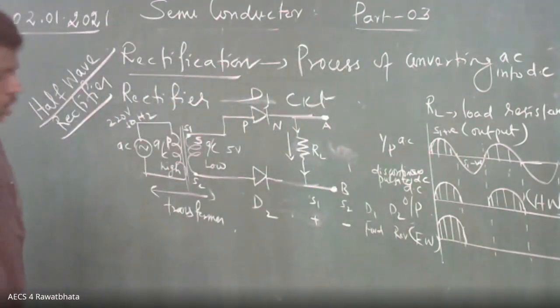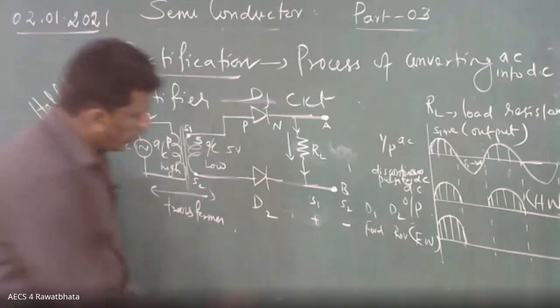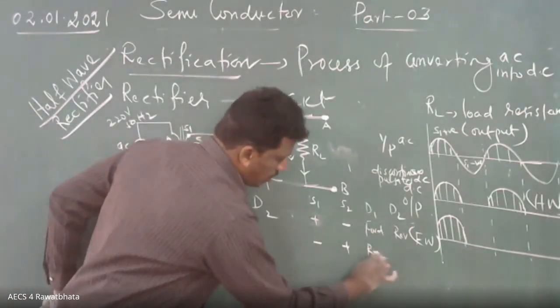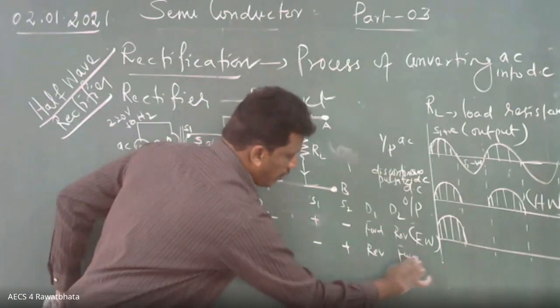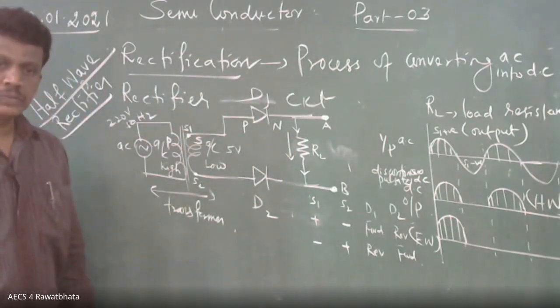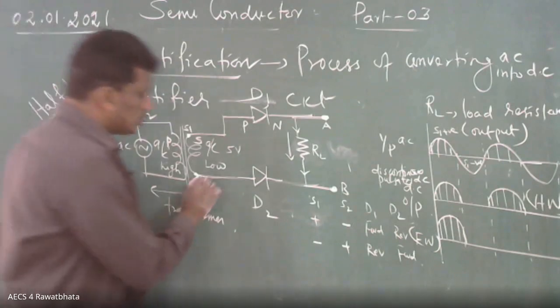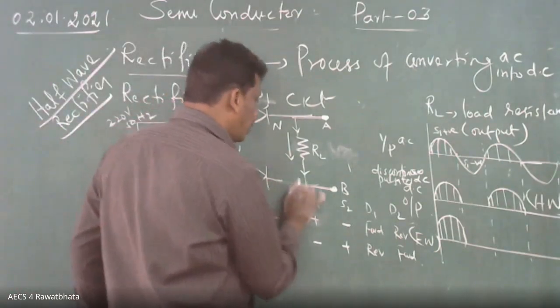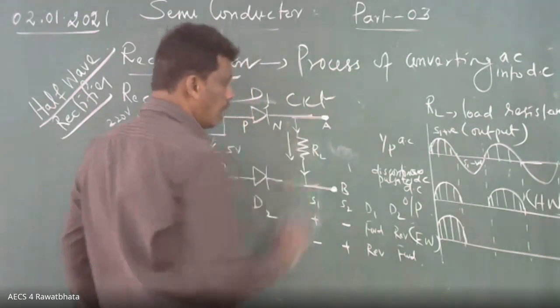output. Next, suppose now what will happen? S1 minus, S2 plus. So here reverse, here forward. So here D2 will conduct. But you cannot put it like that, because it will come opposite.